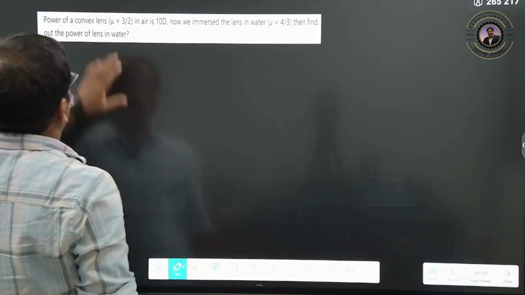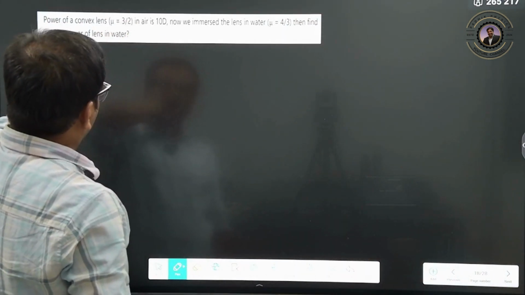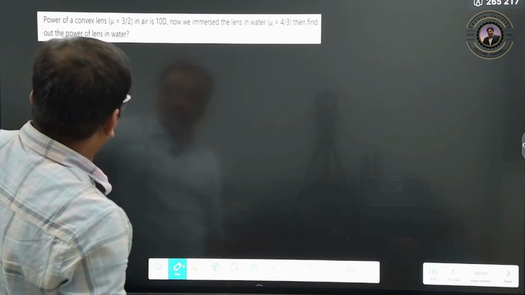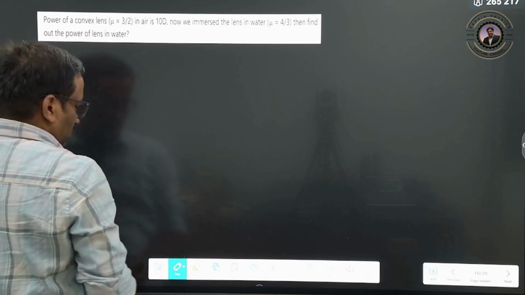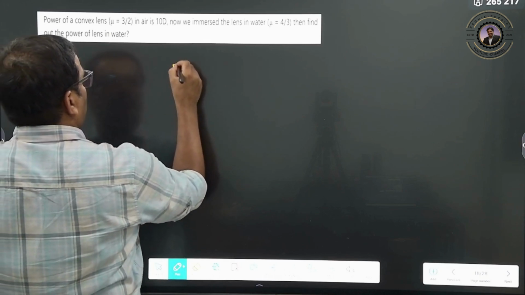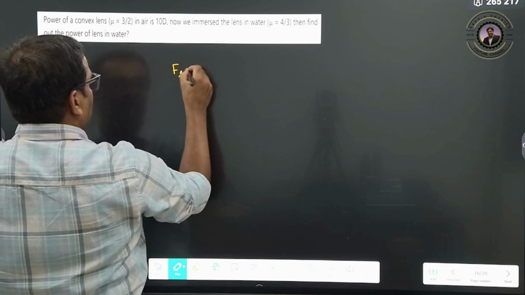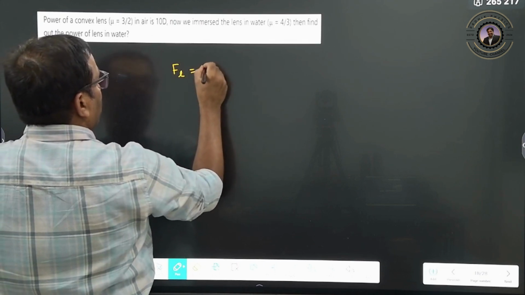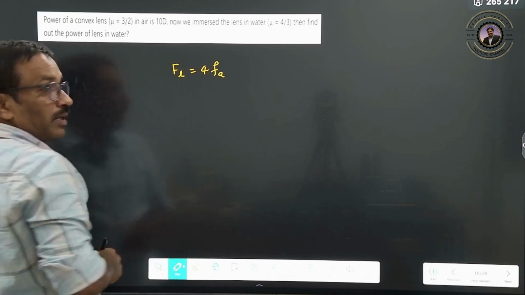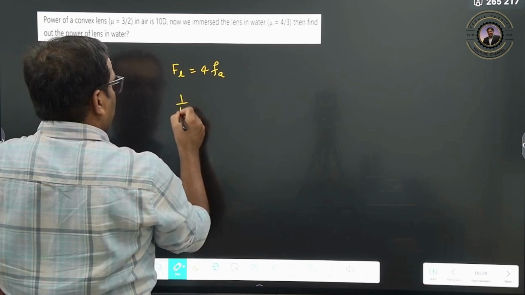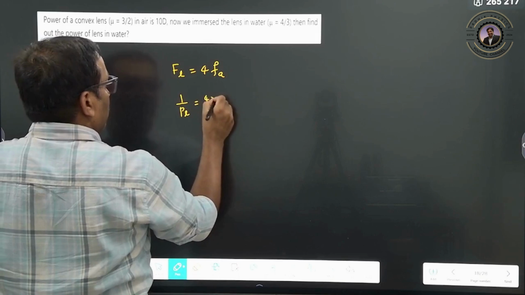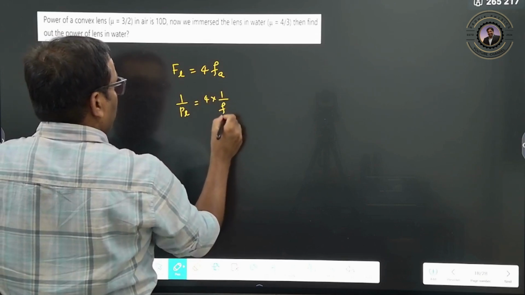Now, the power of the convex lens in the air is 10 diopter. Now it is immersed inside the water. Find out the power of the lens in the water. Okay, very simple one, see here. Therefore, we know that the focal length of the lens in the liquid will be equal to 4 times its focal length in the air. So the focal length in the liquid we can write down as 1 by power in the liquid, which is 4 into 1 by the power in the air.